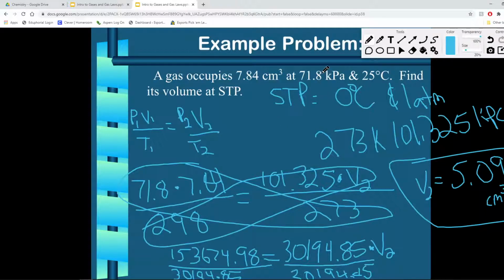Our pressure increased, which we think should decrease the volume, and our temperature decreased. It went down from 25 to 0 in Celsius, which should also decrease the volume. So both of those decrease the volume, so we should have a smaller volume than we started with, which we do. So logically, it all works out.